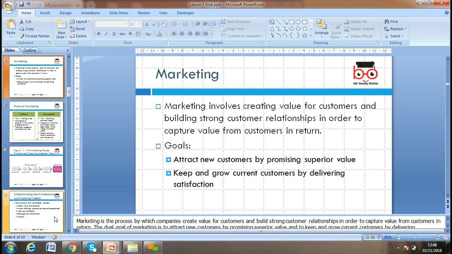Okay, thanks. So marketing involves creating value for the customer and building strong relationships in order to capture value from the customer in return. Goals: attract new customers by promising superior value, and keep and grow current customers by delivering satisfaction.